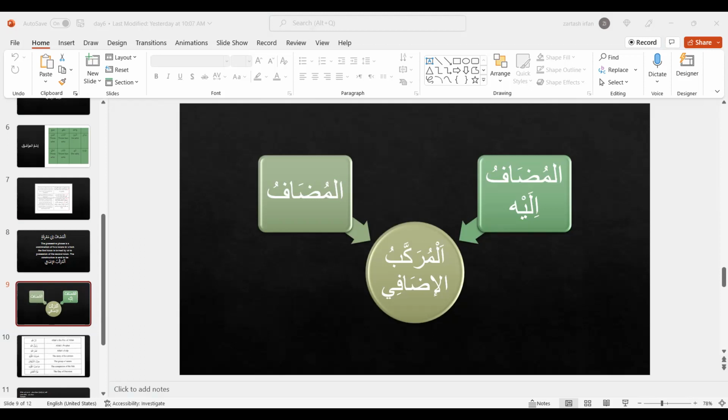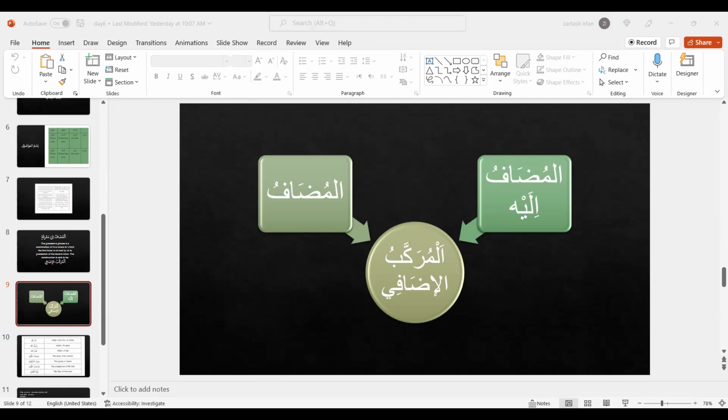This compound word is called murakkab idafi and has two components, al-mudaf and al-mudaf ilayh. Just like in English, it is a construction of possessive nouns. One is the possessor and the other one is the possessed.